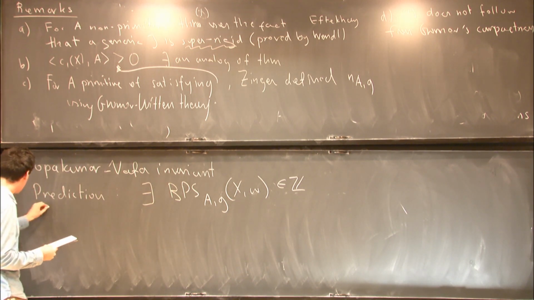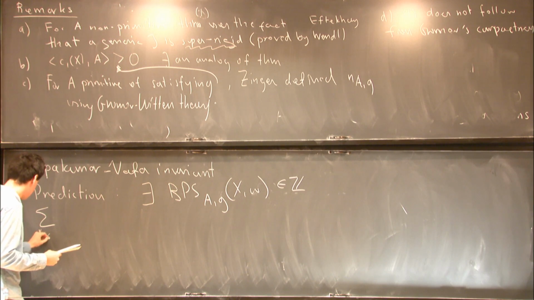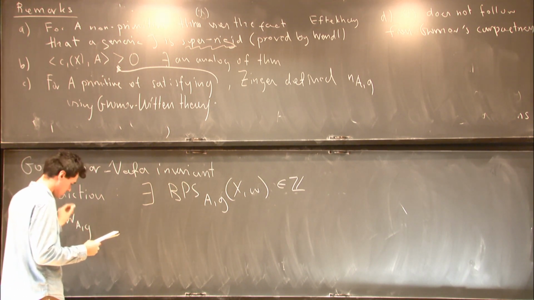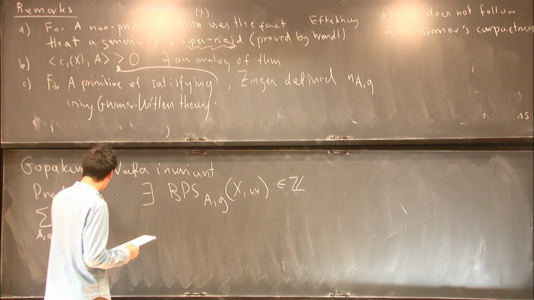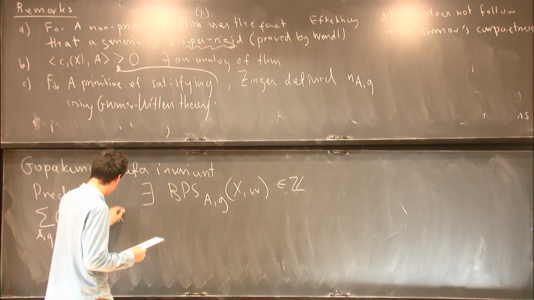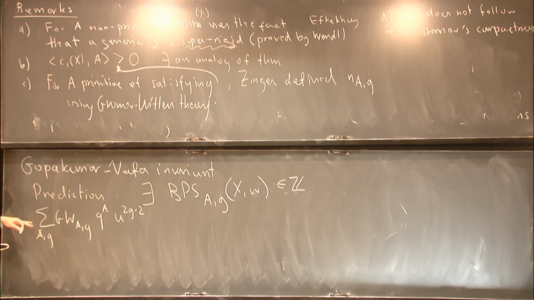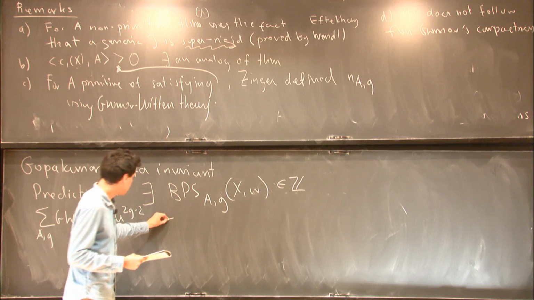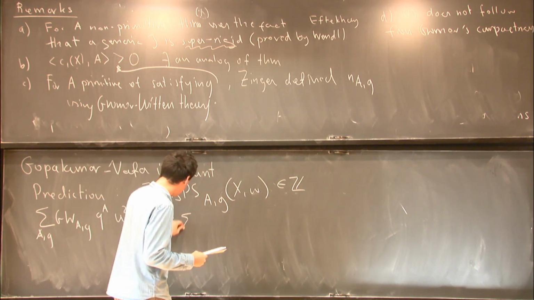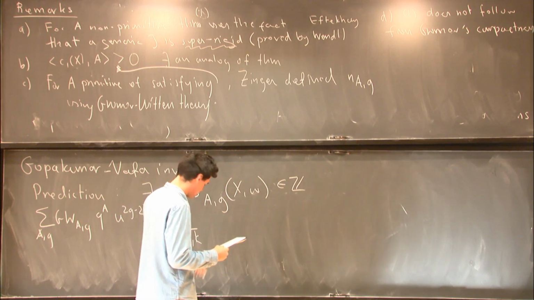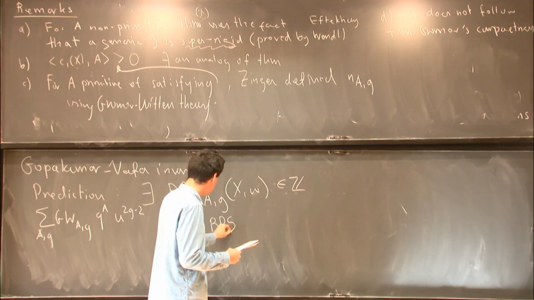So maybe I'll write down this formula because I won't use it, but just from looking at it, you can see that something interesting is going on. You put all the Gromov-Witten invariants in this formal power series in formal variables q and u, and this power series should be equal to some other power series given by the BPS numbers.